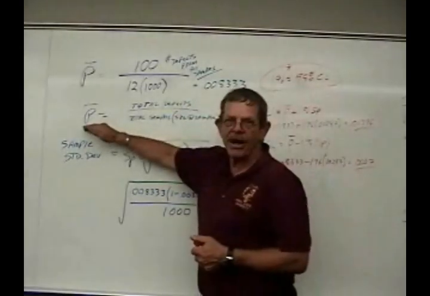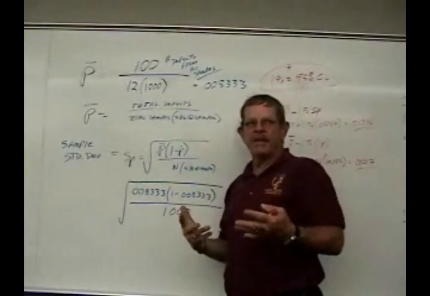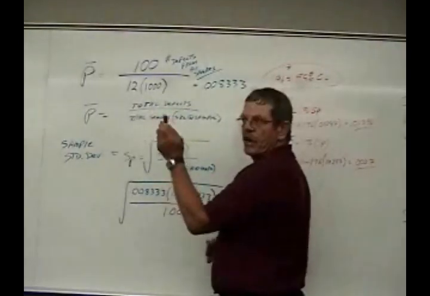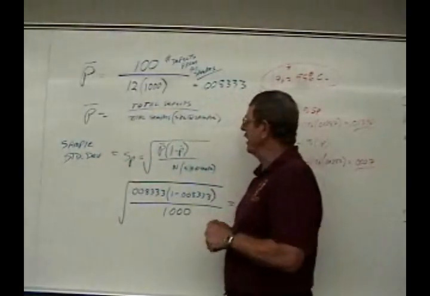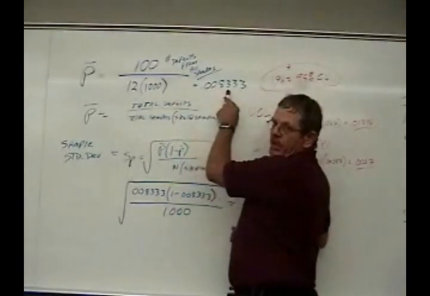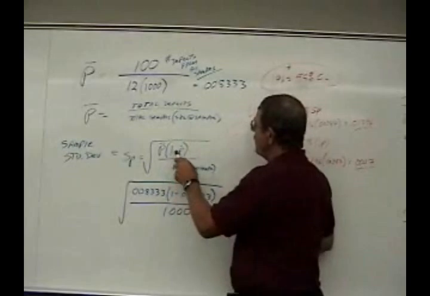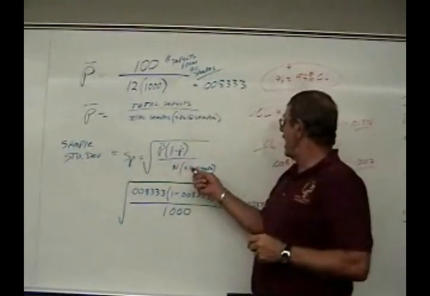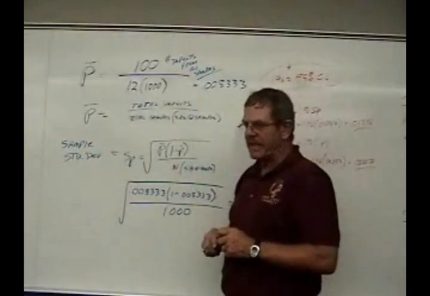That's our P-bar. Then we have to figure out our sample standard deviation. That formula is SP, the indicator for a P-bar standard deviation. You take P-bar, which now we know, times 1 minus P-bar, and divide that by the size of the sample, in this case 1,000.